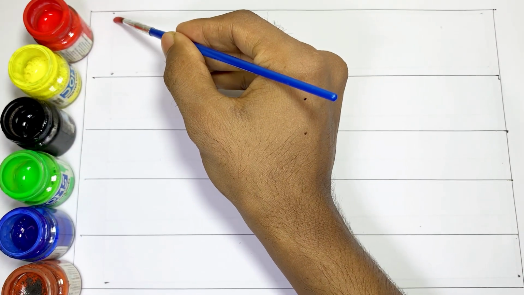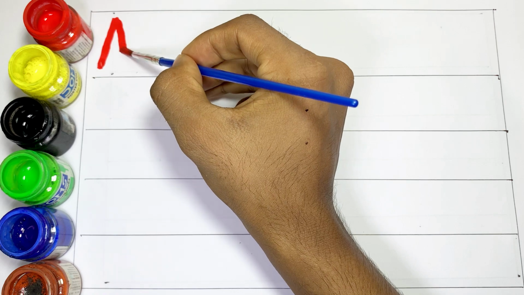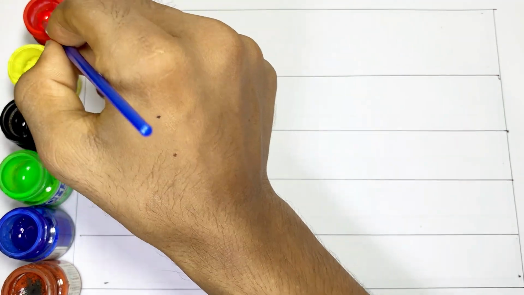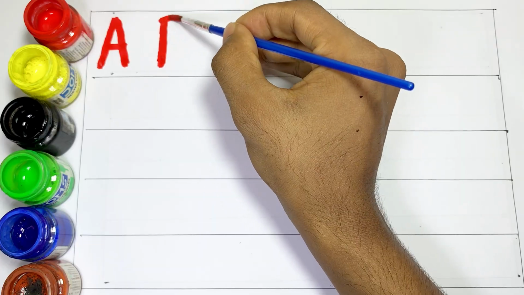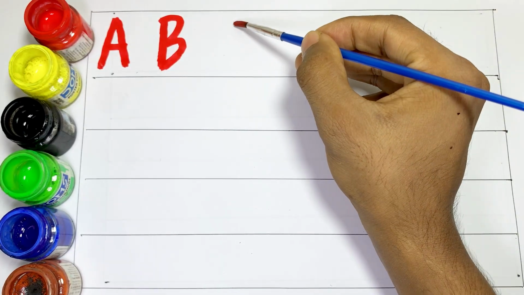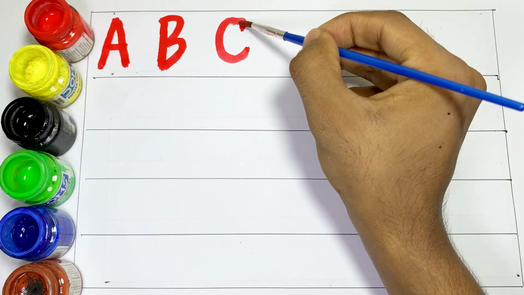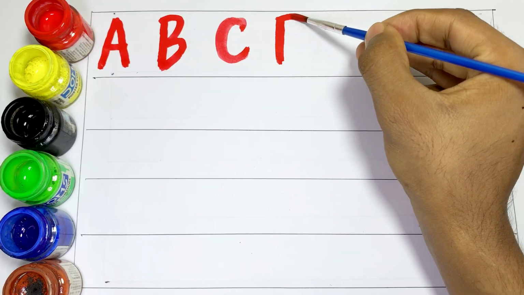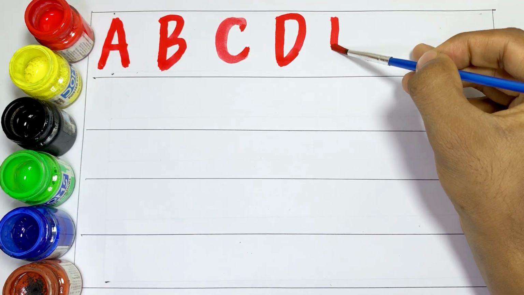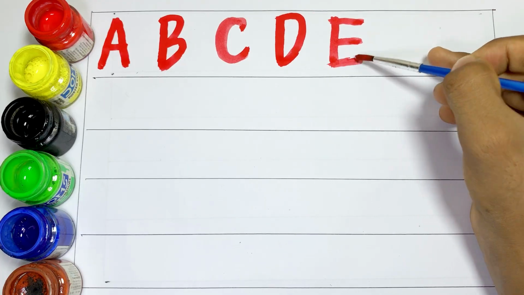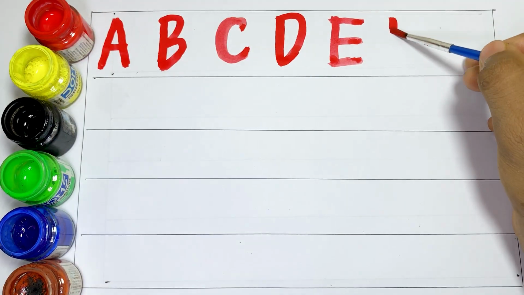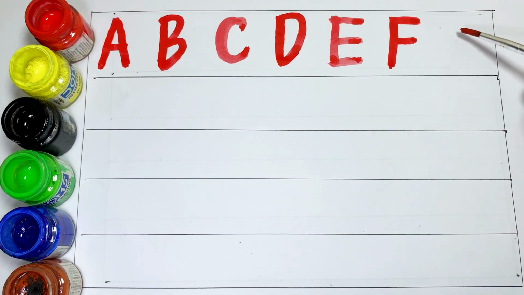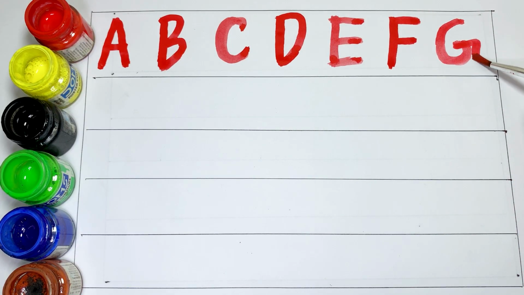A for apple, B for ball, C for cat, D for dog, E for elephant, F for fish, G for goat. Now you draw A and use yellow color.